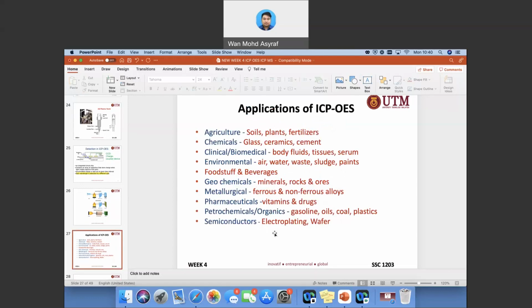So the application of ICP-OES. What is the application of ICP-OES? It has a lot of applications, usually in agriculture, when you want to look into the nutrient level in soils, whether the fertilizers used are sufficient to make sure you have a sustainable production of crops.